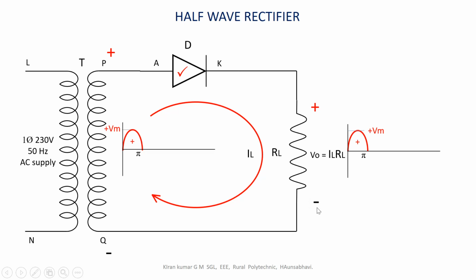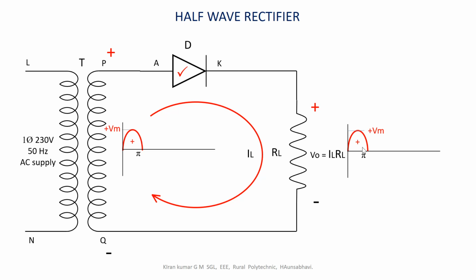Current always flows from the higher potential towards the lower potential. That is why the higher potential point is marked plus and the lower potential point is marked minus. This voltage V0, produced from 0 to pi radians, is almost similar to the input supply variations, as seen in the output voltage waveform.